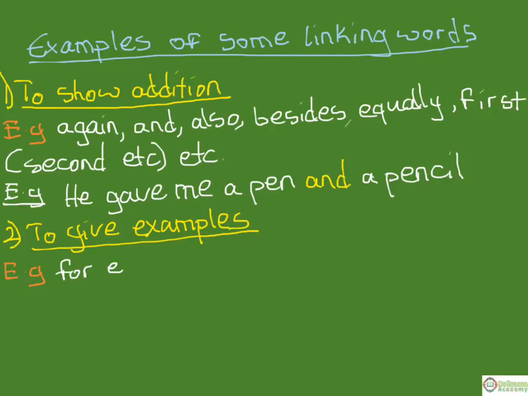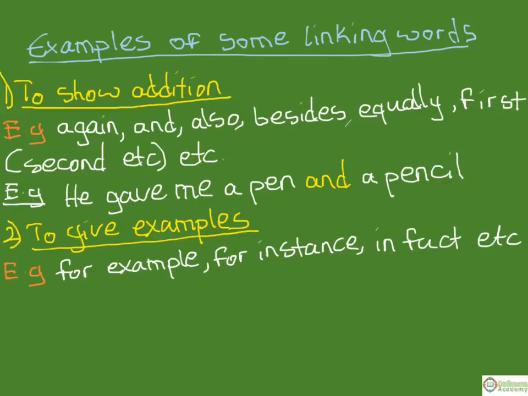What are some of the words that can be used to give examples? We have for example, for instance, in fact, etc. All these can be used to show or to give an example.